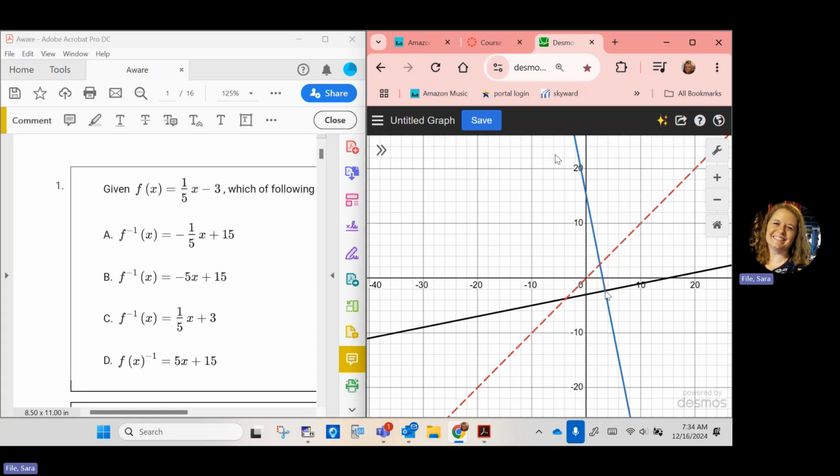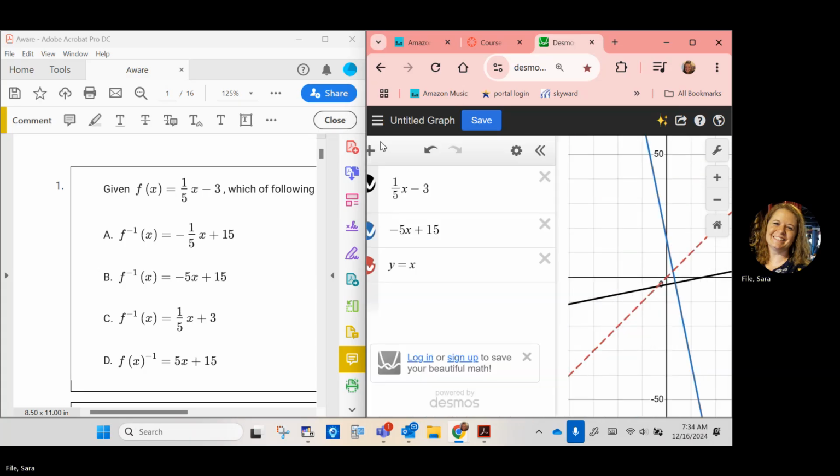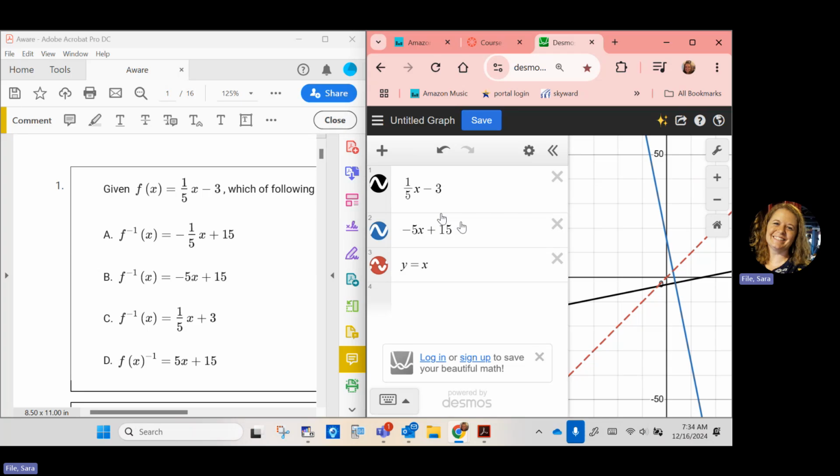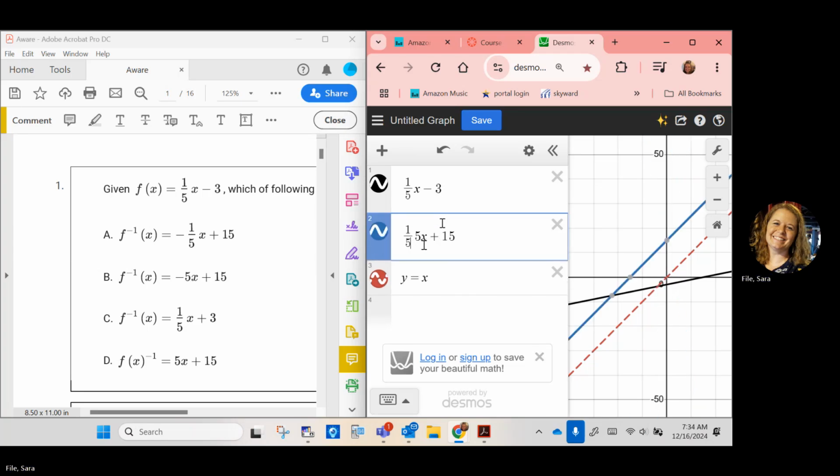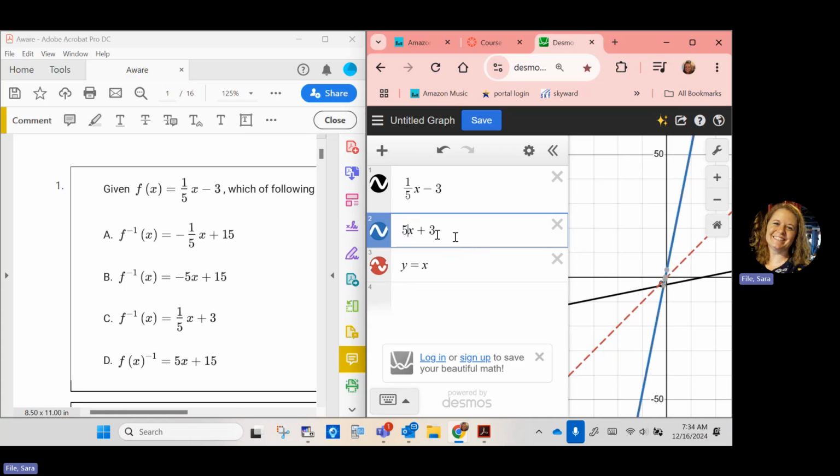That intersection of the two lines is not happening on the line y equals x. So let's check the next answer choice, 1/5 x plus 3. Looking at the graph, that's not it. So let's check that last one, 5x plus 15.